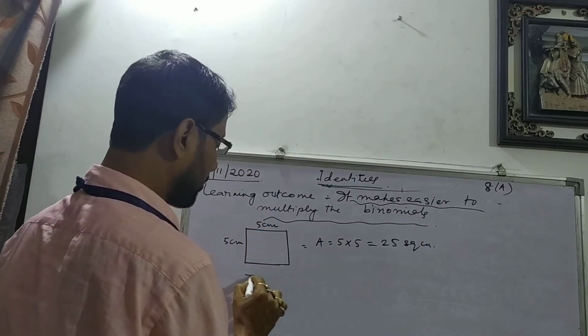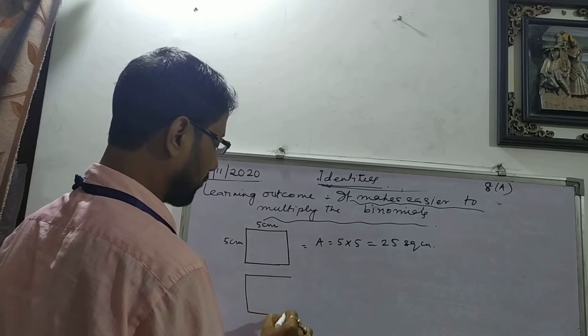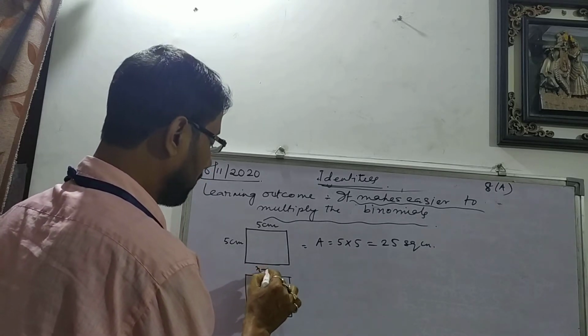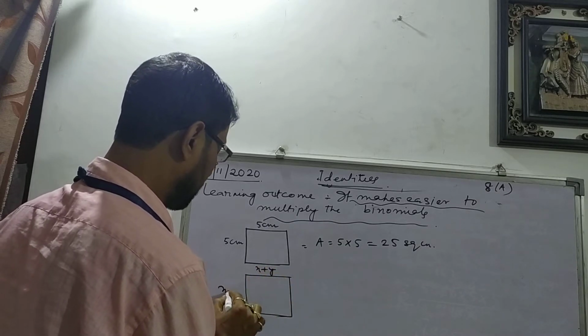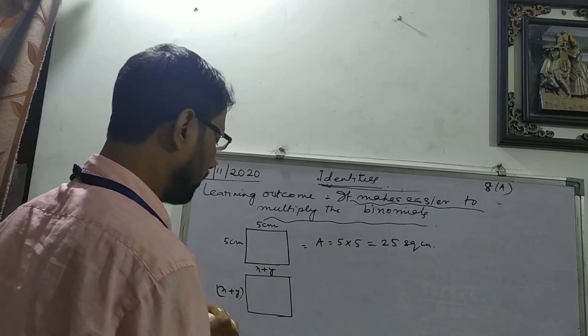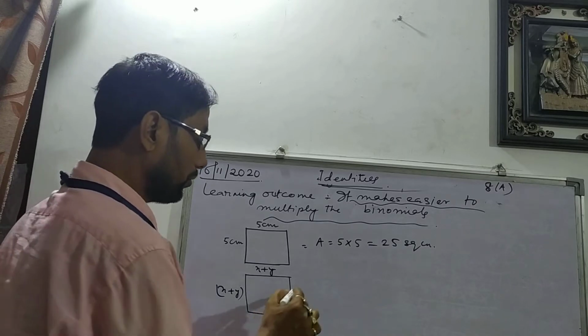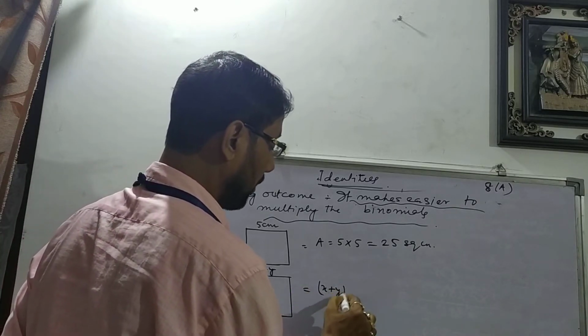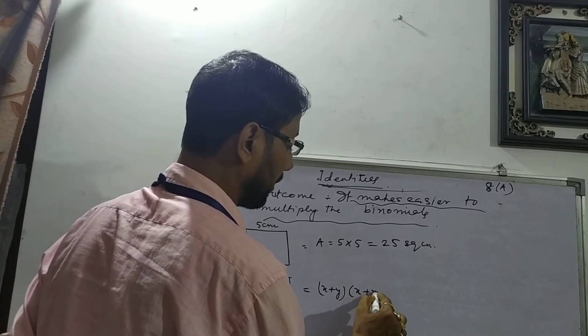Now suppose this is a square, and the sides I have given you are x plus y and x plus y. Then what will be the area? Area is equal to x plus y multiplied by x plus y.